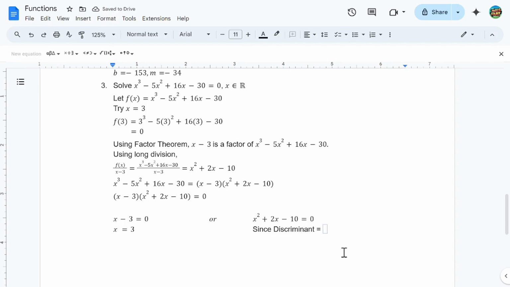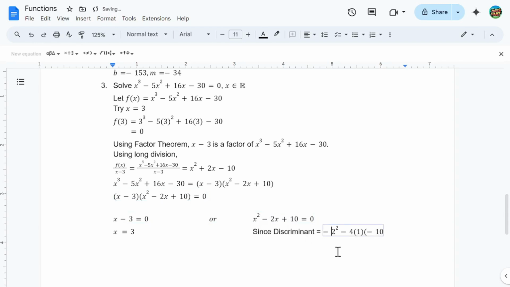So b in this case is 2 squared minus 4 times 1, which is a, and times negative 10. Oh, wait, it's a typo. This is supposed to be minus, and this is supposed to be plus. My apologies.